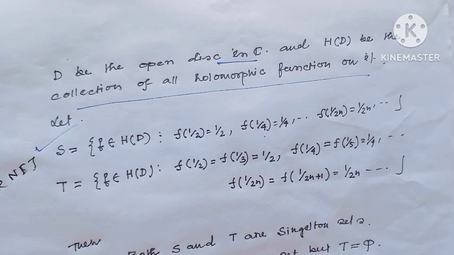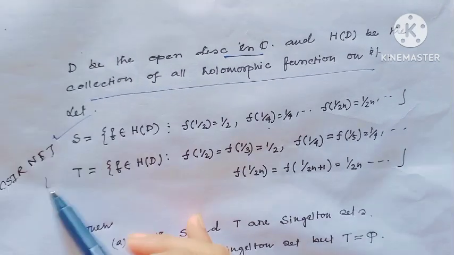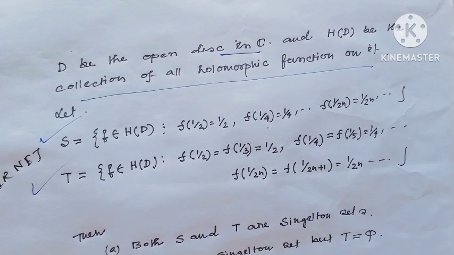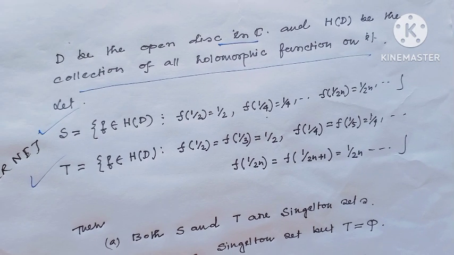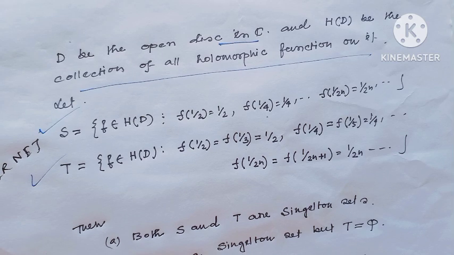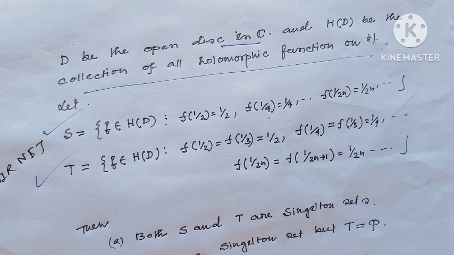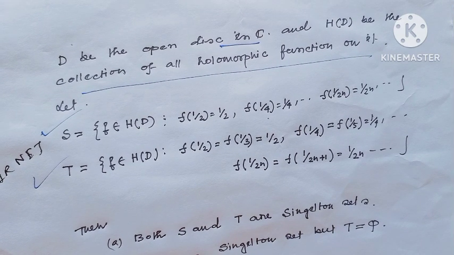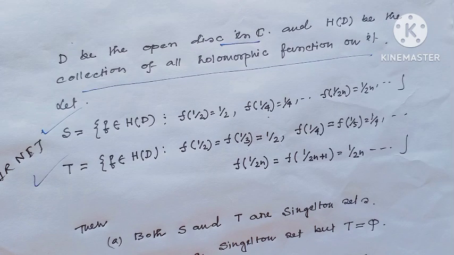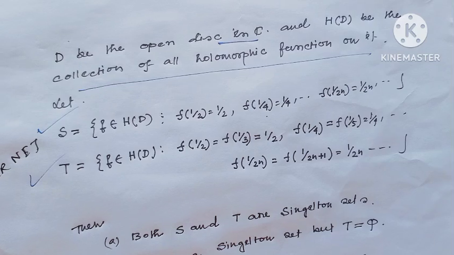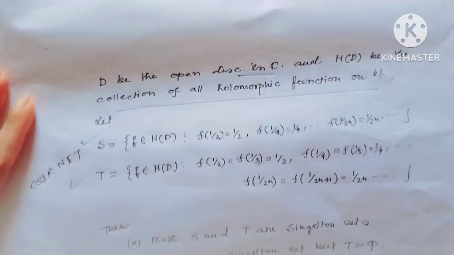Consider this set S, and T equal to f belonging to H(D) such that f(1/2) equal to f(1/3) equal to 1/2, f(1/4) equal to f(1/5) equal to 1/4, f(1/2n) equal to f(1/(2n+1)) equal to 1/2n, and so on. Then which of the following is true?